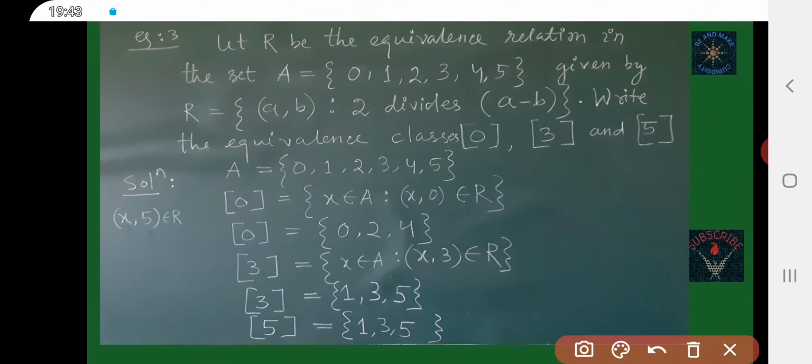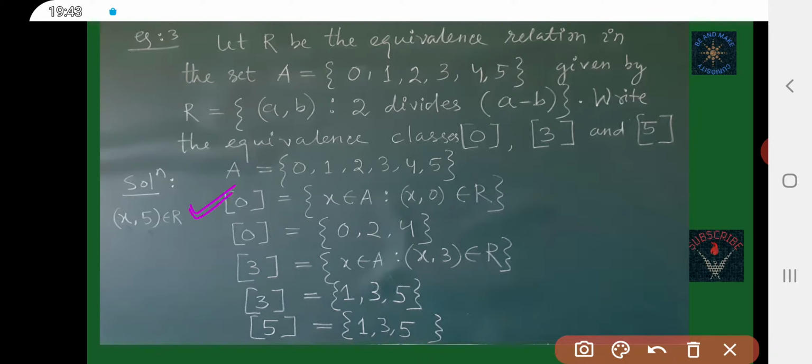Now we have to find the equivalence class of 0, 3 and 5. The set A contains 0, 1, 2, 3, 4, 5. Now we shall find the equivalence class of 0.